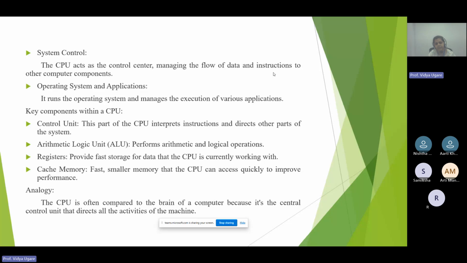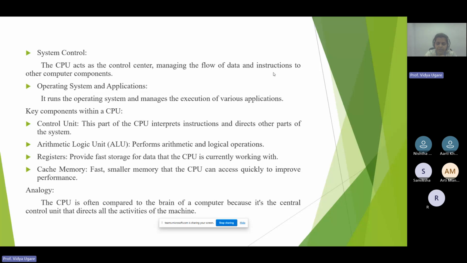Now, operating system and application, we will see again in detail. The operating system is mandatory software for your computer. If you have an input unit and an output unit, and the CPU is very high speed, but you don't install an operating system, it is as good as a dead machine.